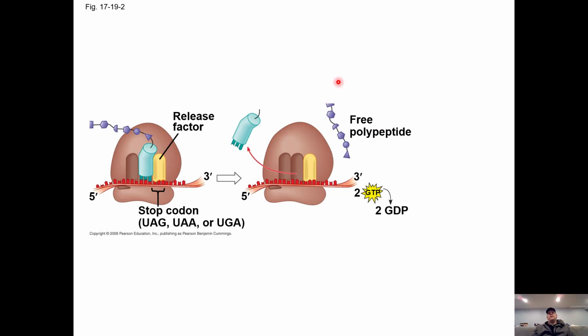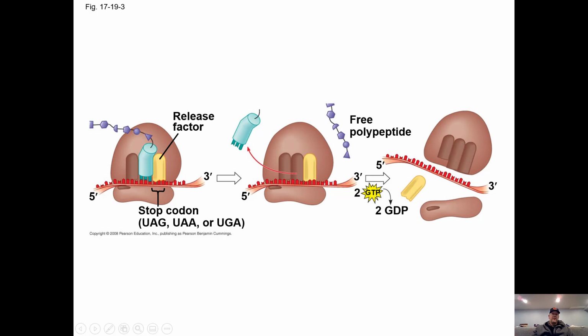The polypeptide is released from the tRNA, and then the small and large subunits of the ribosome are going to break off, and then the release factor breaks off too, and that's termination, the end of this whole process. But at this point, now you've got your polypeptide chain or your protein, and you're good to go.